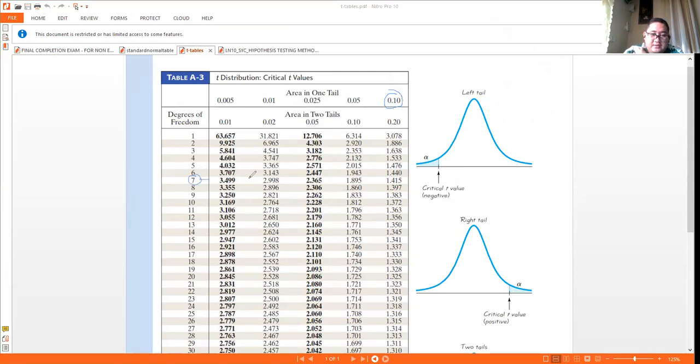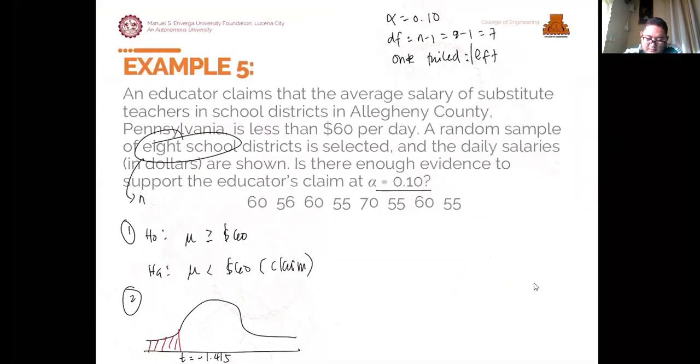So, yung intersection nila is 1.415. Pero since left tail tayo, siya ay negative 1.415. Then going back sa slide, yun yung critical value natin.